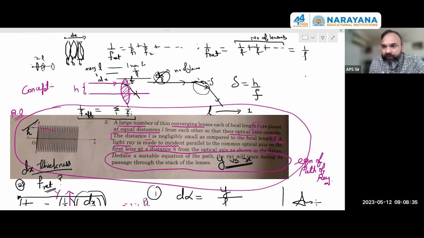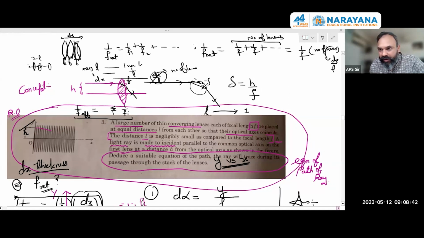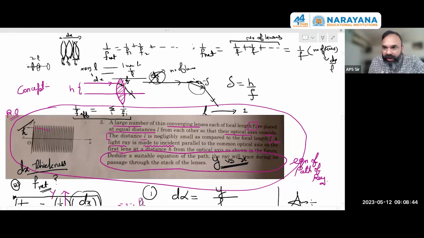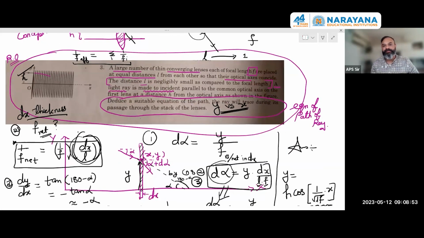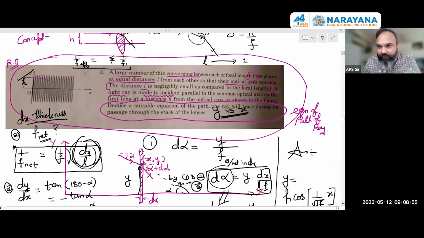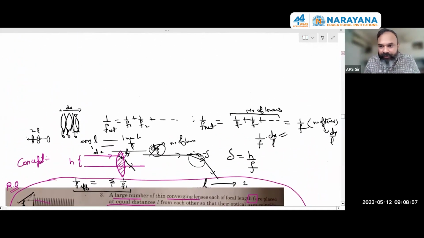So I wrote 1 upon f into the number of lenses, and the number of lenses was dx upon L. So basically, I got my answer as 1 upon f into dx upon L. So if you observe, that's what I've written, the number of lenses. So I've used the formula and I got my result.